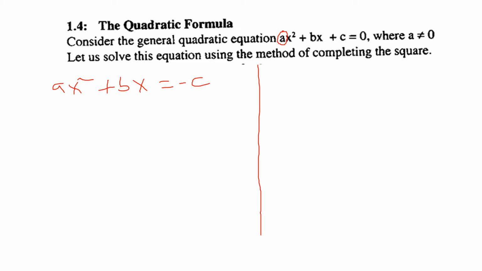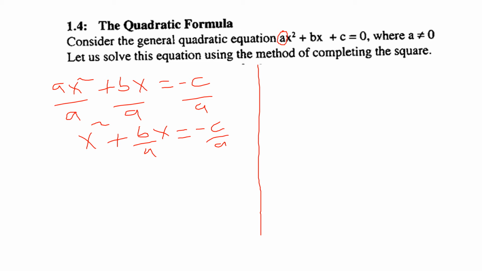Then from there we divide this by a. So here we are going to have x squared plus b all over a x is equal to negative c divided by a.